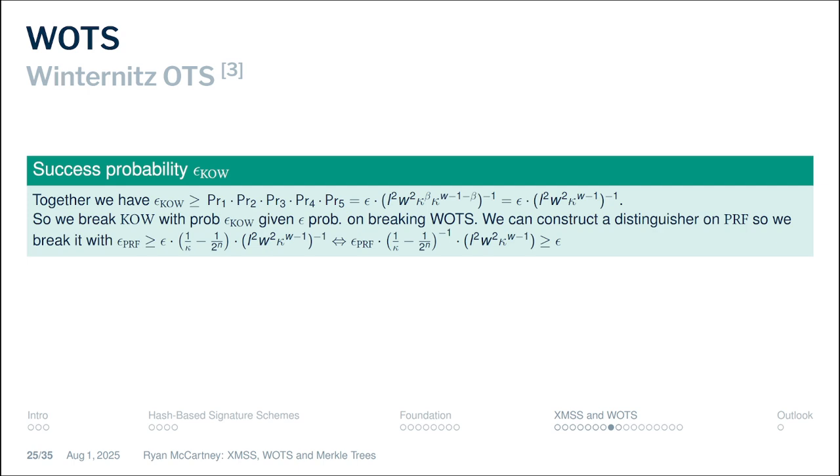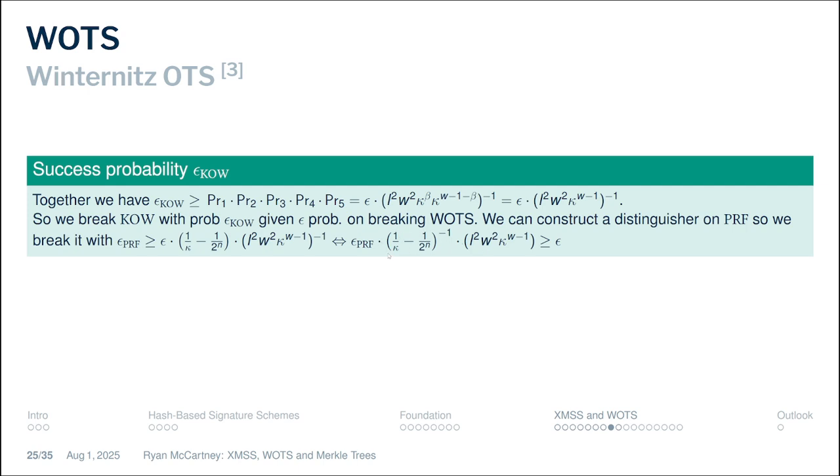The pseudo-random function property is defined so that you cannot find a distinguisher that distinguishes a randomly chosen value from your function family that you want to prove from a randomly chosen function that just maps the domain to the codomain. So as you can see, this will be the probability that we get at the end for the advantage of the adversary. And there we just add this term.